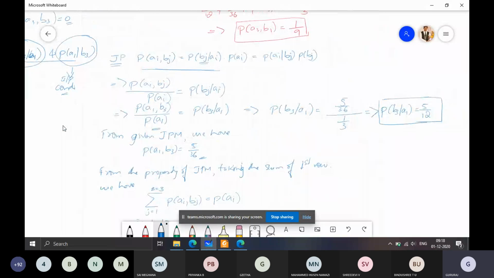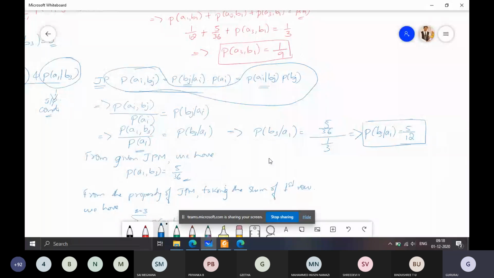Again, you have to use the same formula, for joint probability. But now you have to use these terms because you want the input conditional probability. So joint probability P of Ai comma Bj is equal to, in terms of input conditional probability, P of Ai by Bj into P of Bj.